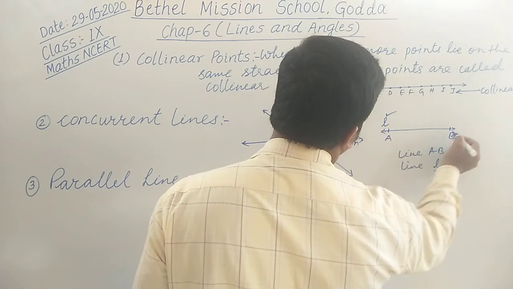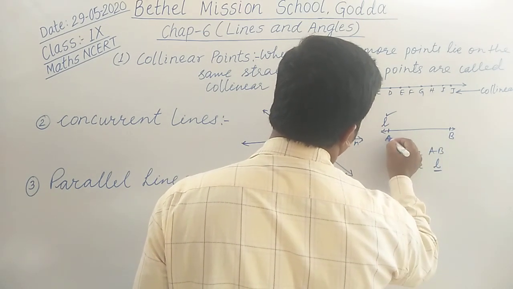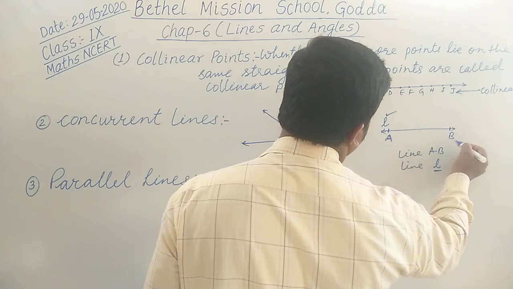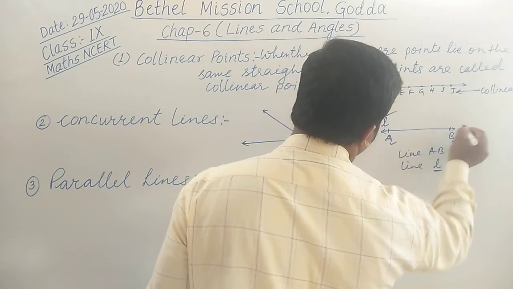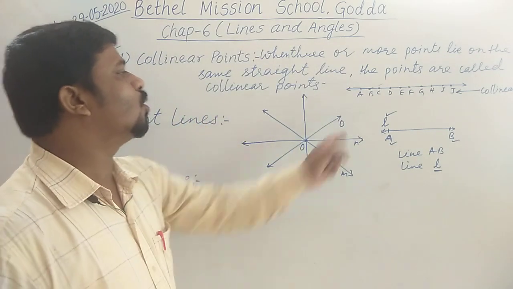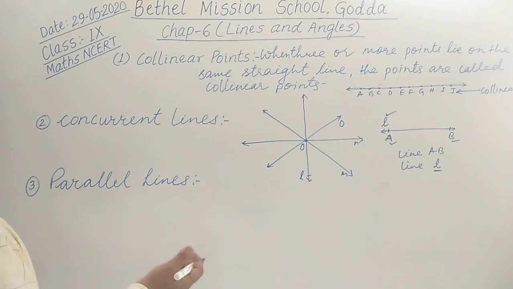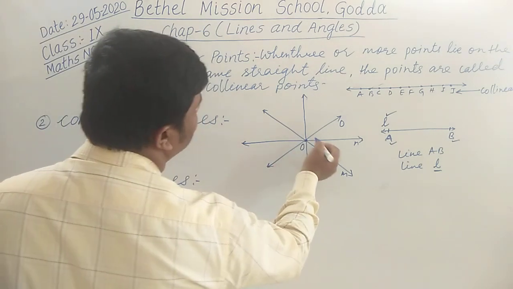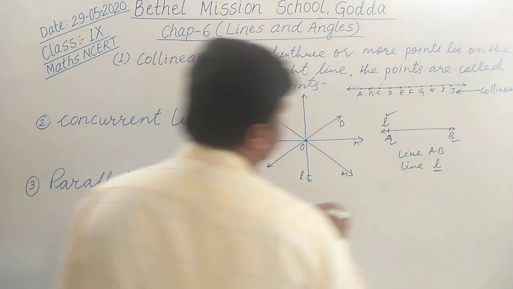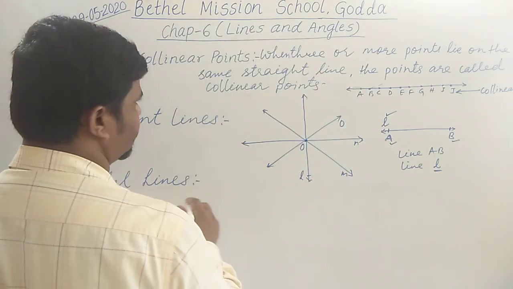But when you put 2 points, we use capital letters to name the line. So L, M, N and O are many lines passing through the point O. That's why this type of lines are called concurrent lines.